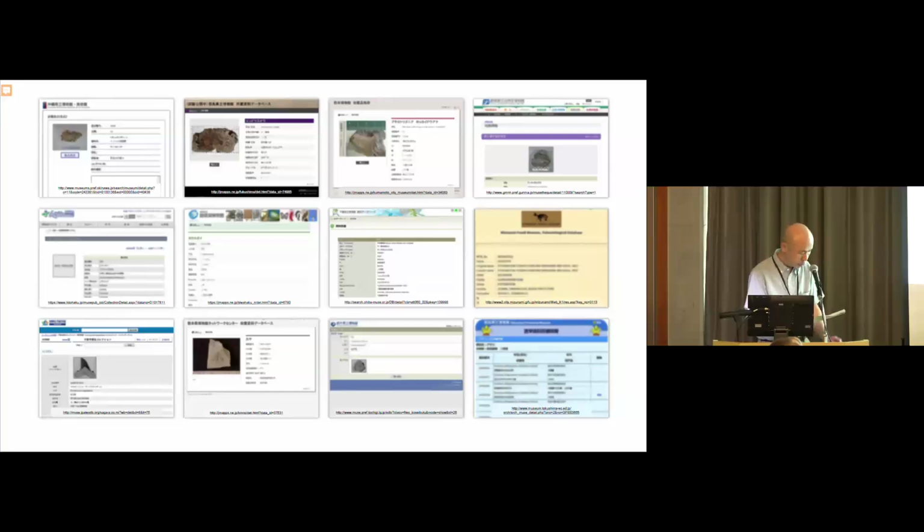That is almost native language Japanese. Sorry, we don't own the copyright. This is an essential service for students, local people. However, these are in different data formats and different database systems. So first of all, it is important to integrate these databases.